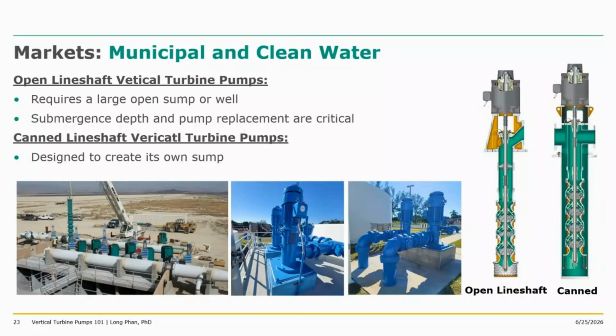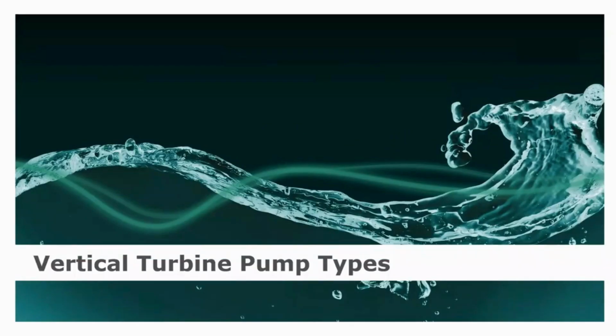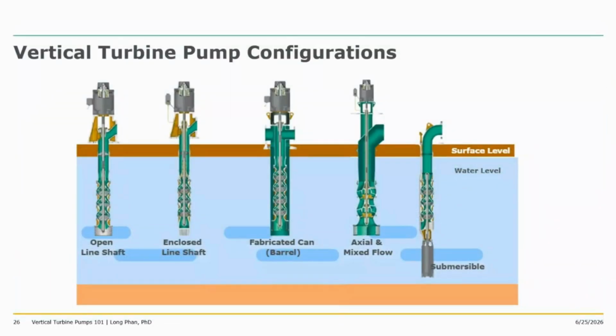So in this section, let's look at different types of vertical turbine pumps. I have a little schematic here to show different vertical turbine pump configurations. In general, we have five vertical turbine pump configurations. Really, we just have two big major ones: line shaft vertical turbines and submersible vertical turbines.